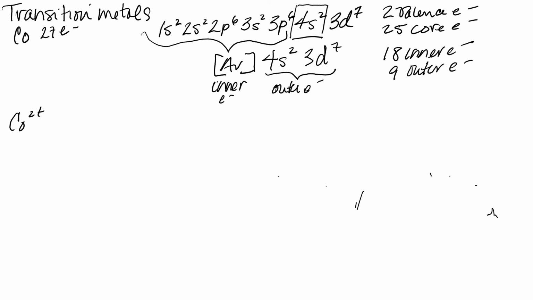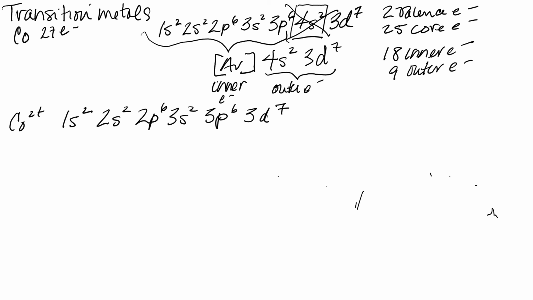So those 4s electrons are lost first. So the electron configuration for cobalt 2+ is this.